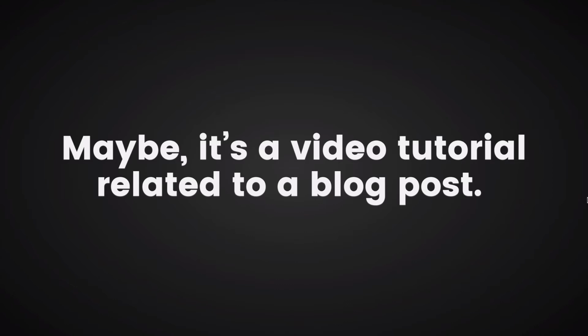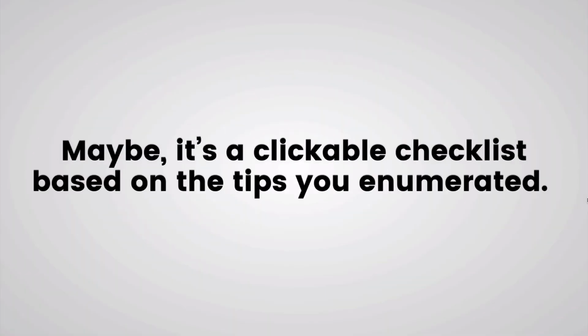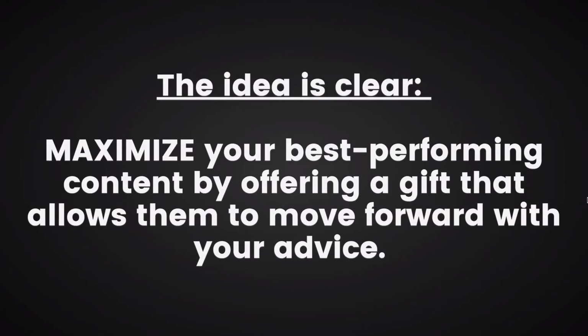For example, it could be a video tutorial related to the blog post that they're reading, right? You may have presented 10 steps, here's a video on how to start with step number 1. Maybe it's a clickable checklist based on the tips that you have enumerated. The idea is clear and simple. Maximize your best performing content by offering a gift that is relevant to allow them to move forward with your advice.